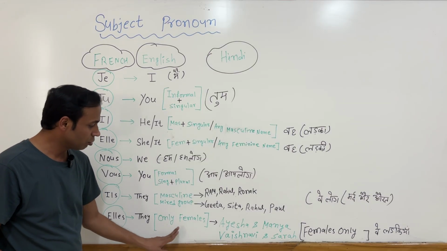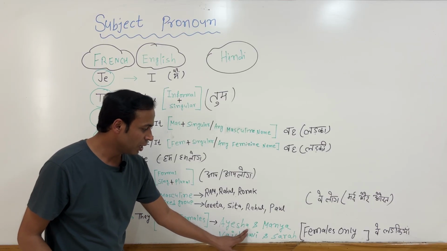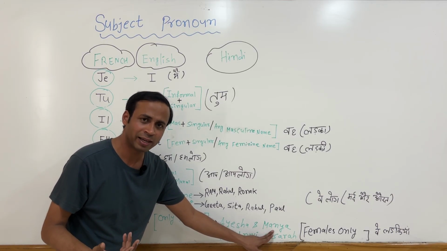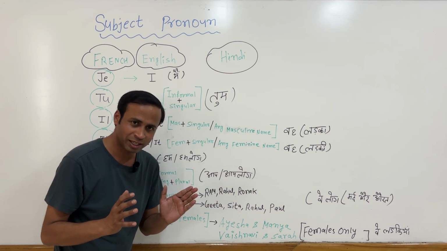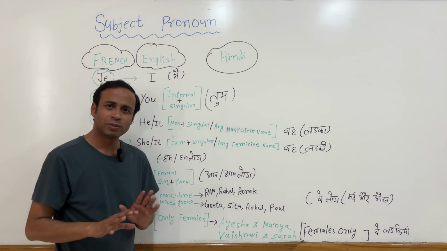This is only used for females. For example, I have written Aisha and Manya. Aisha is the name of a girl, Manya is the name of a girl. So if in a group only females are there, you have to use elles. I hope this is clear.